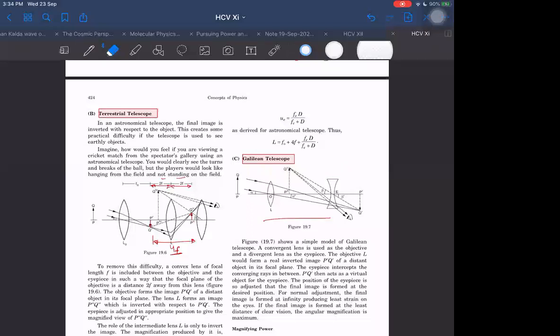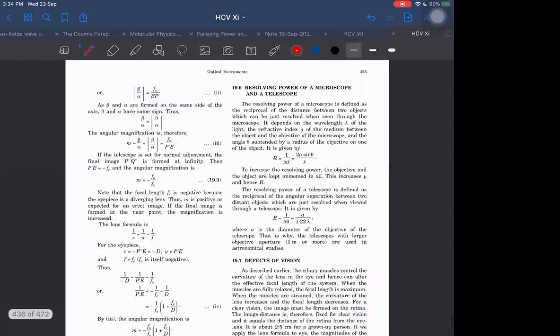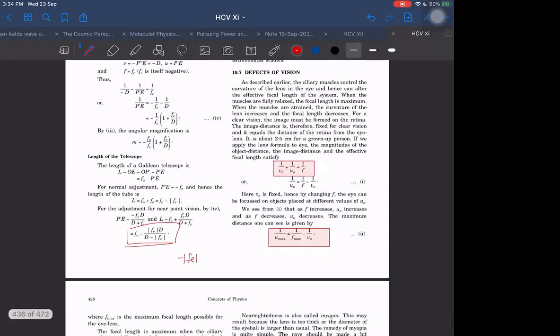If I change Fe and make it a negative sign, then it will become concave. Then you can see what we are getting for this. See here. As I was telling you, just put Fe with a minus sign, and this is what we will be getting. That is it.